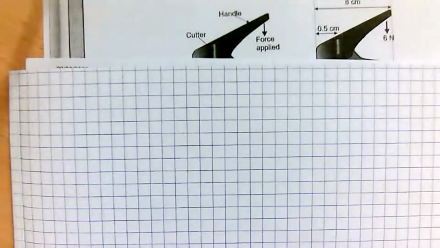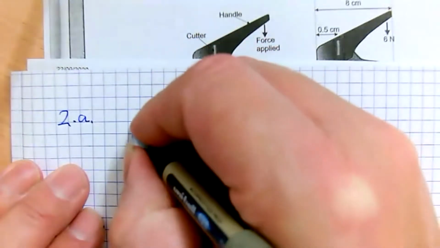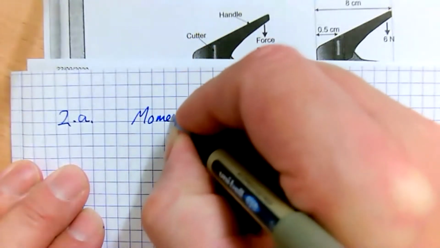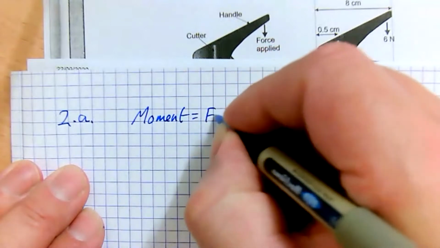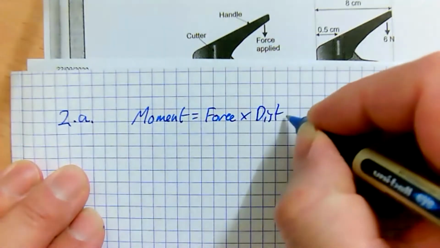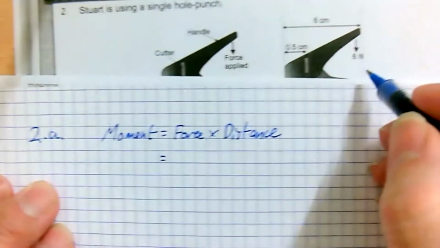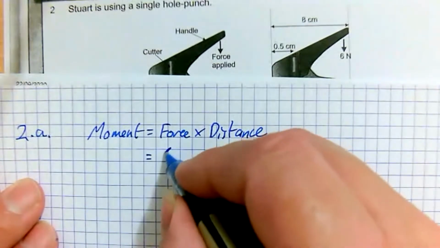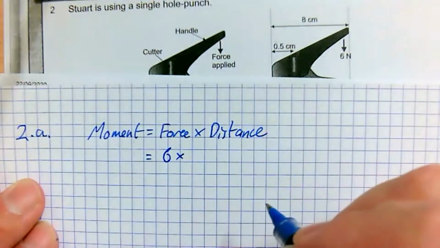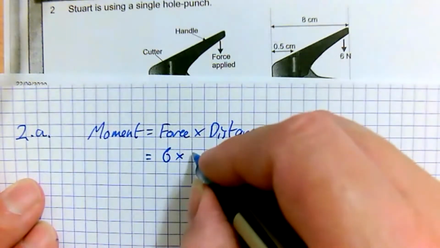As I'm writing my answer, if I was writing this as an assessed piece of work, I would write the question, then write the formula. The moment is force times distance. The force is 6 newtons multiplied by the distance. I'm going to keep it in centimeters. I could convert that to meters, but I don't think I need to.